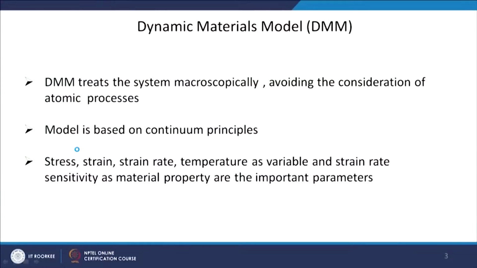We are only looking at the variables, the input we give to the material in the form of strain, strain rate, temperature, and the response of the material in the form of stress. Okay. And using these values, we are trying to find out how we can construct a map. Stress, strain, strain rate and temperature are variables, and strain rate sensitivity, which is one of the material properties we already discussed, is used to construct the model.